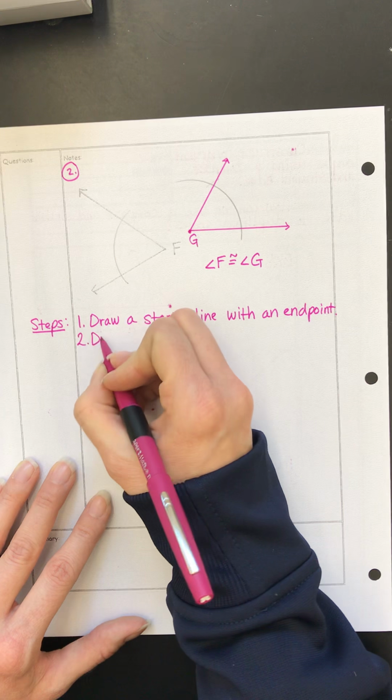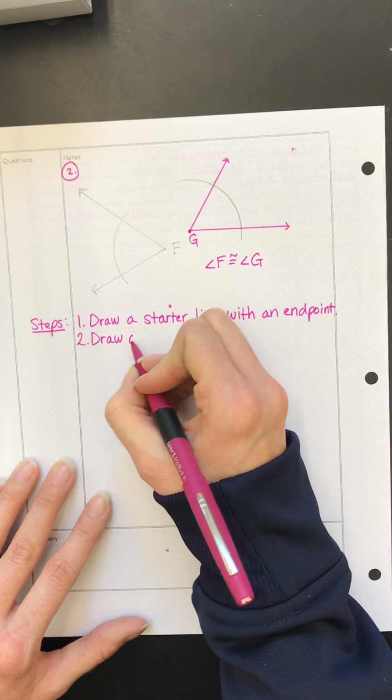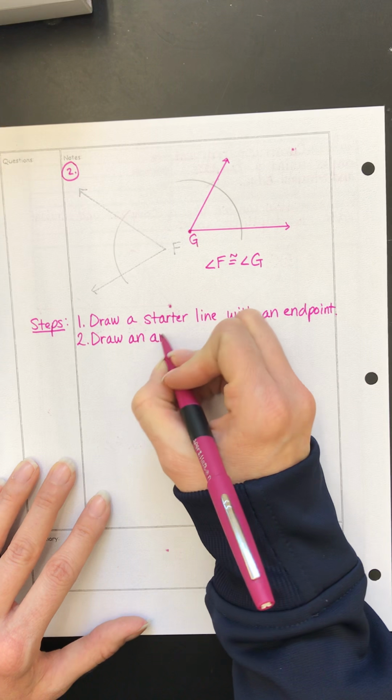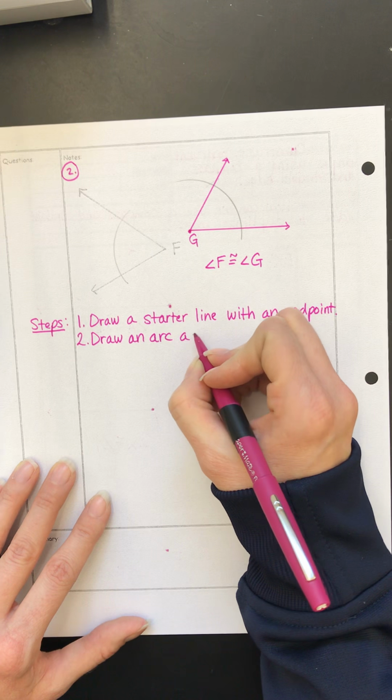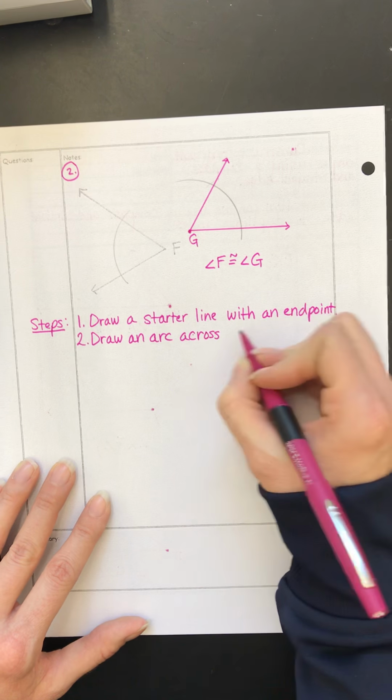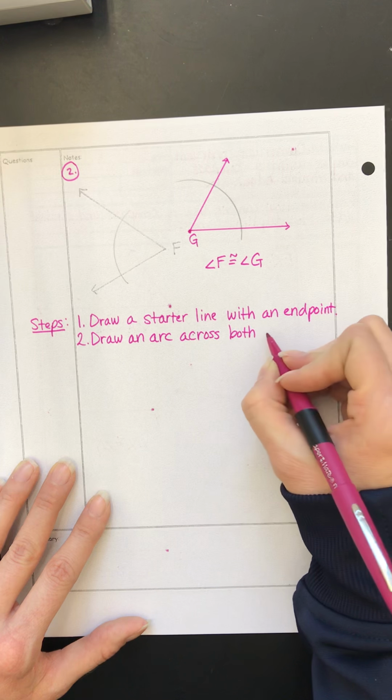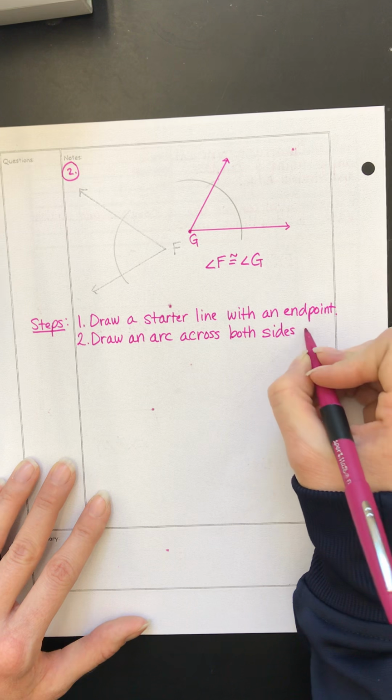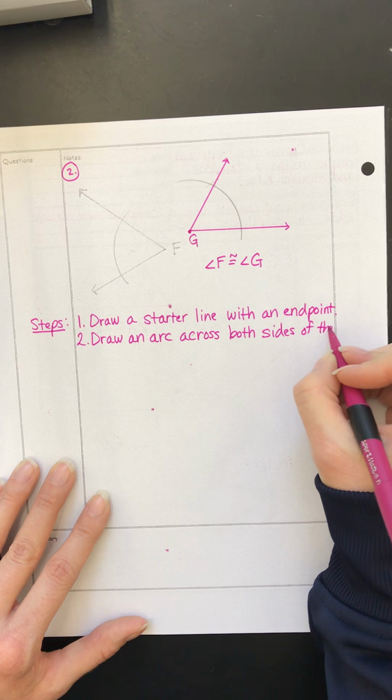Step 2, draw an arc across both sides of the angle.